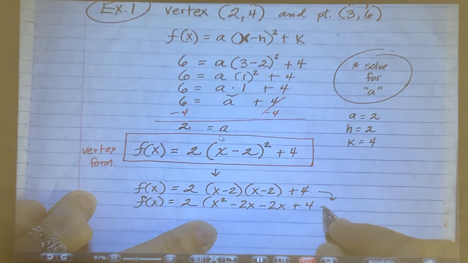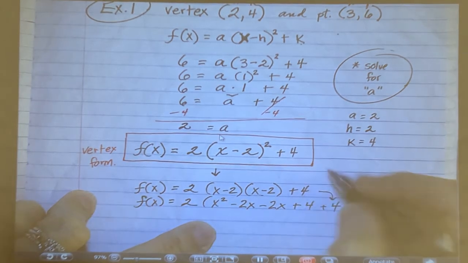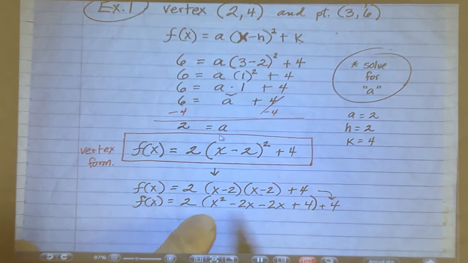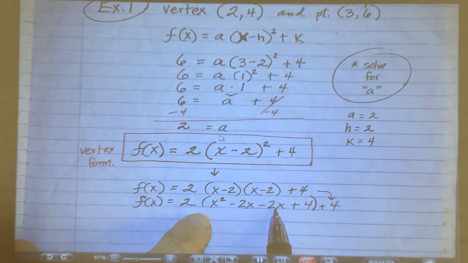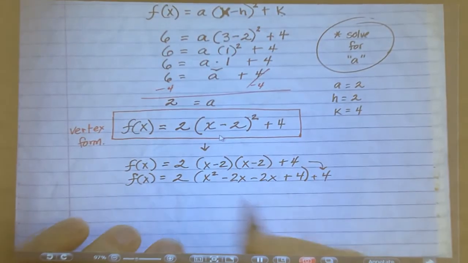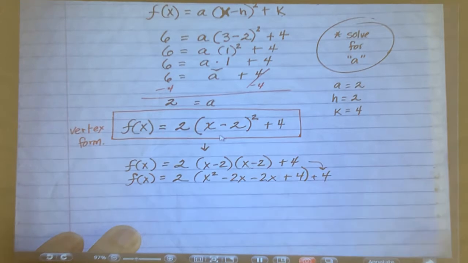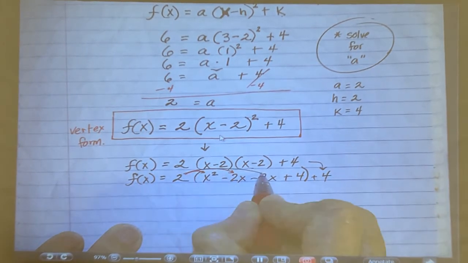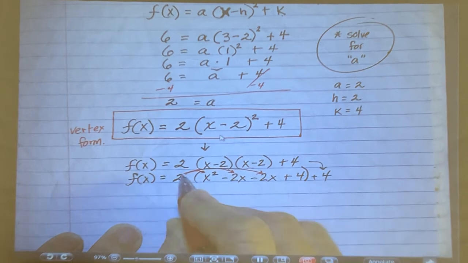It gets drawn down also. But now hang on, this stopped right there. So this is the first, outer, inner, last products of this binomial times this binomial. So now I'm going to have to times all of this by 2, because it was all multiplied by this a value.